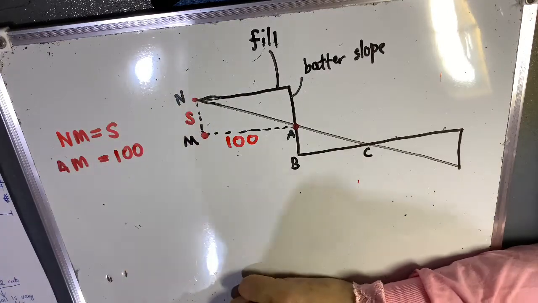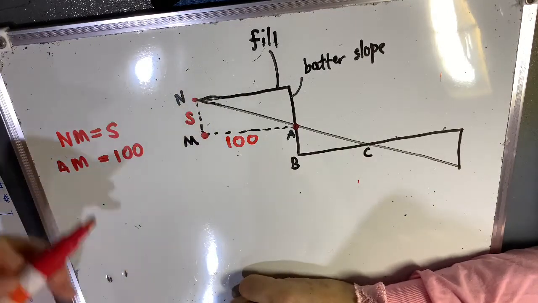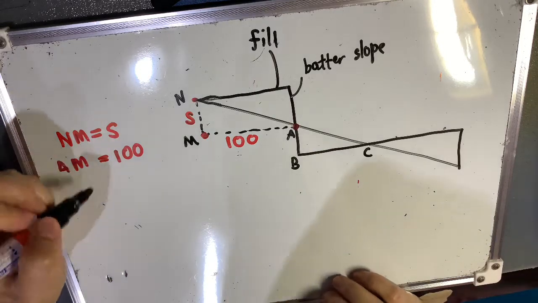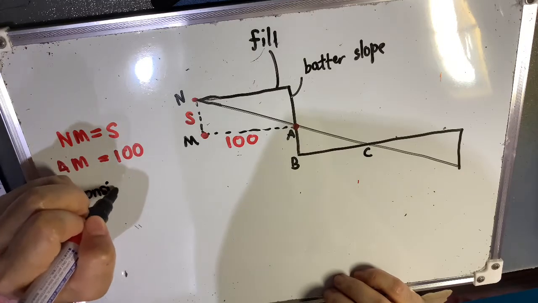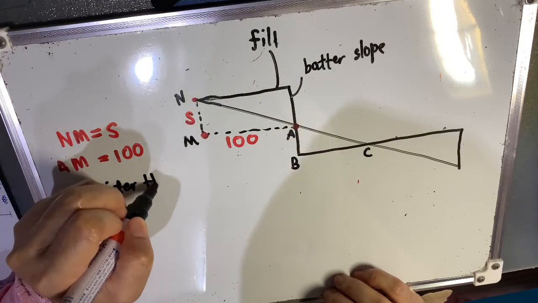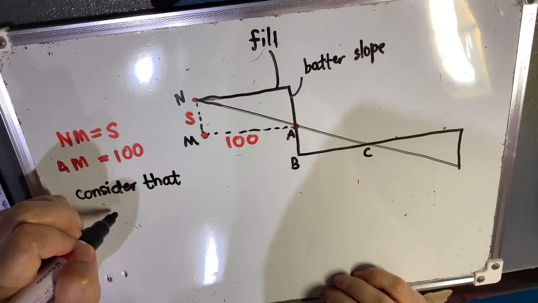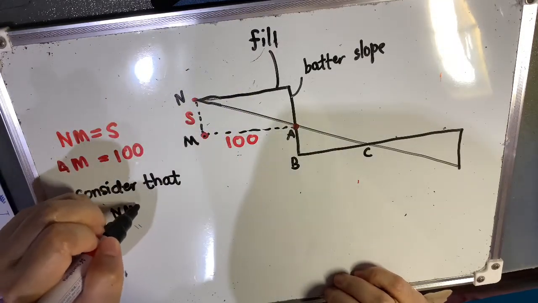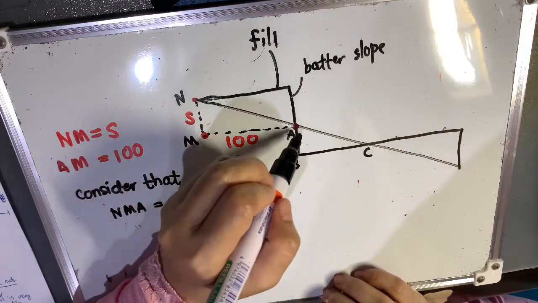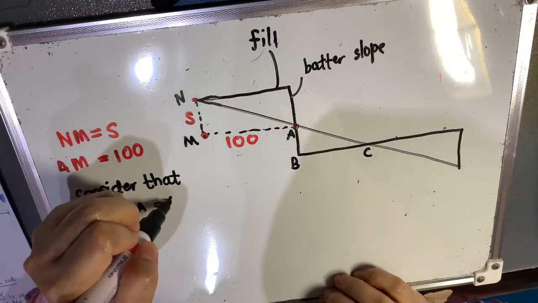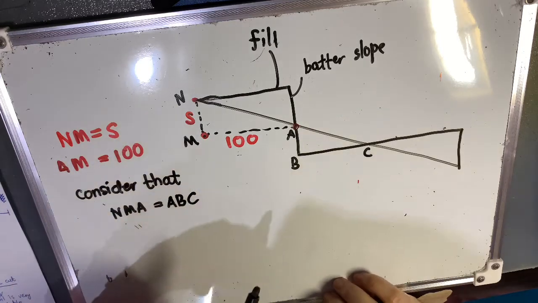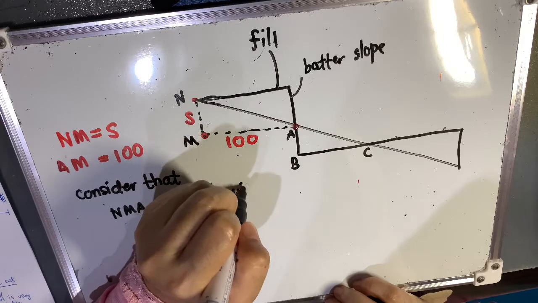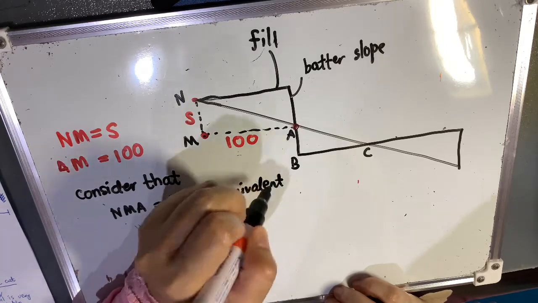So S is actually the slope. Consider that this triangle NMA is equivalent to triangle ABC.